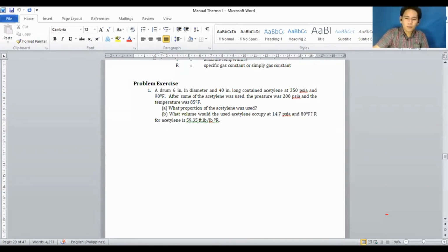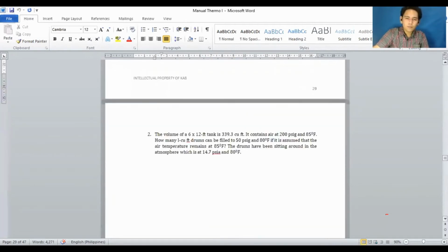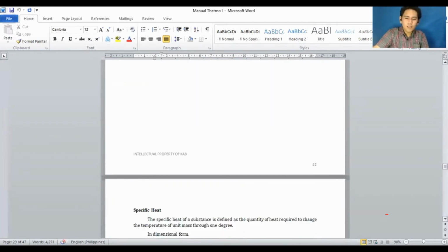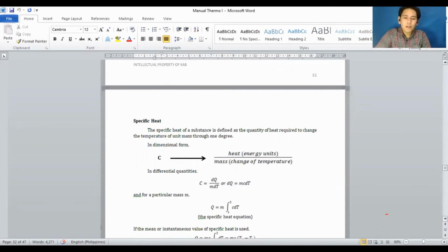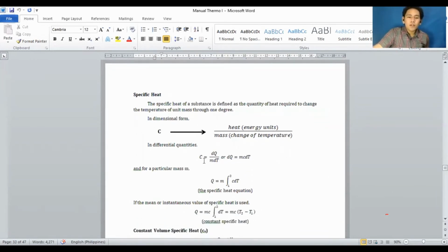Next, your specific heat. The specific heat of a substance is defined as the quantity of heat required to change the temperature of unit mass through 1 degree. So therefore, using this equation, your constant is heat energy units per mass. In differential quantities, your constant would be the derivative of heat, all per mass, with respect to time.